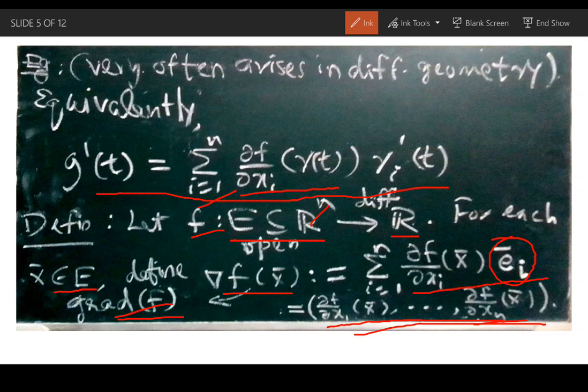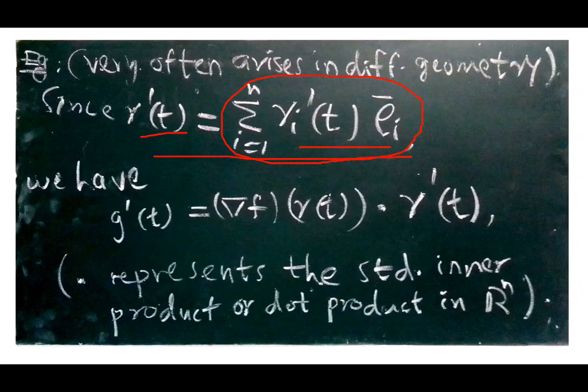So it is actually the gradient of f, that matrix into the column matrix gamma 1 dash of t etc. gamma n dash of t. So that is going to be your g dash of t.